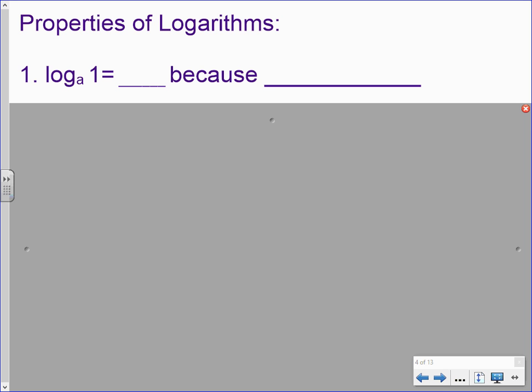It would be 0, because when you take a number to the power of 0, it's 1. Good, because when you take base A to that power of 0, it will always be 1. So log base A of 1 is 0. If you see 1 inside of your logarithm, you automatically know it's 0.